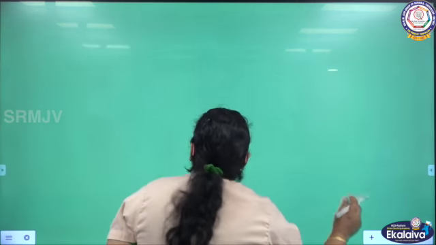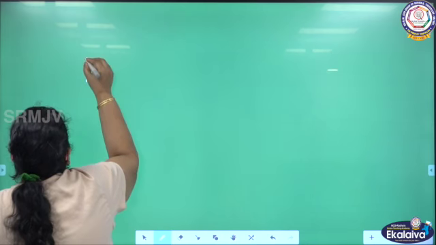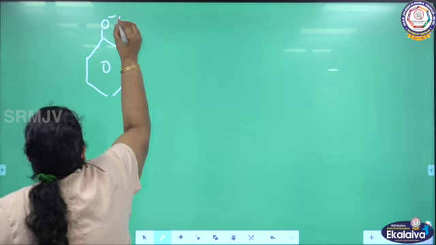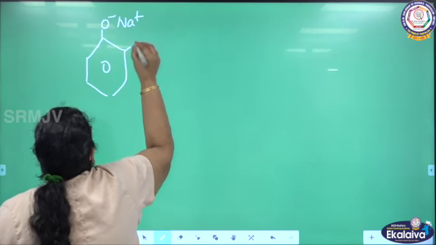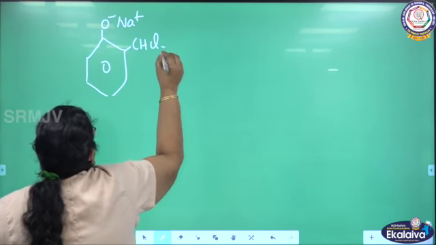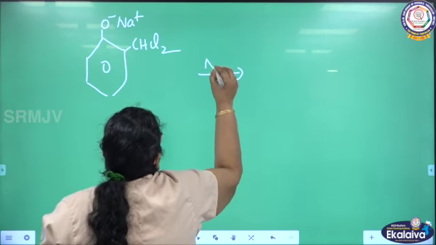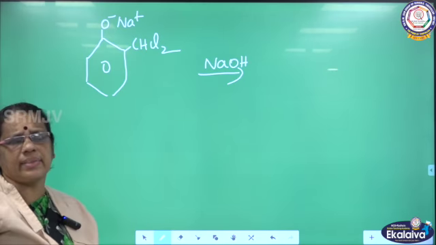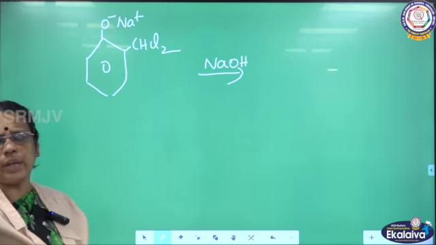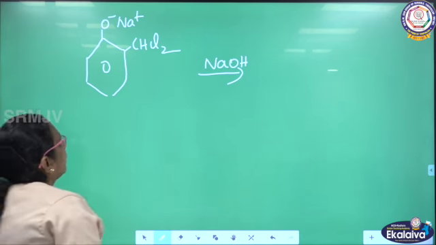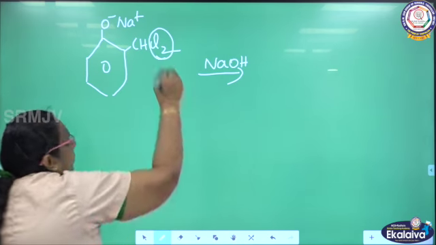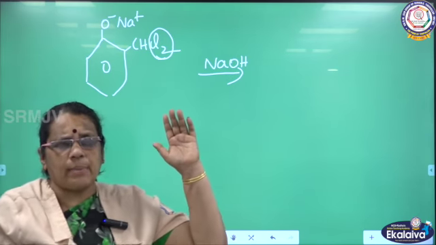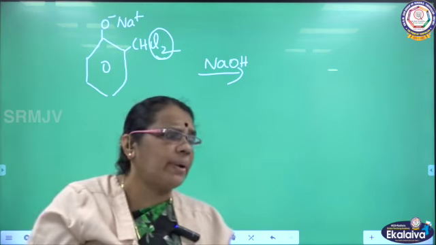What is the next step? Write the intermediate compound once again. This is the intermediate compound. One more sodium hydroxide is added. Listen carefully. To the intermediate compound, I am adding one more molecule of sodium hydroxide.